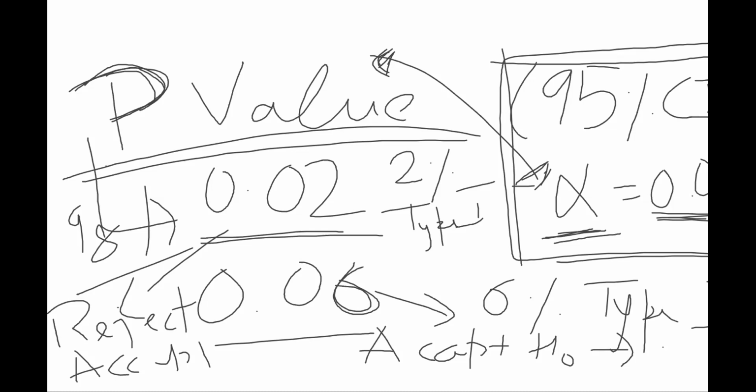But if the value decreases to the range of 0.001, it becomes very significant. The more our p-value decreases, the more it moves away from our alpha value, and we say the results are extremely significant, or extremely good results.